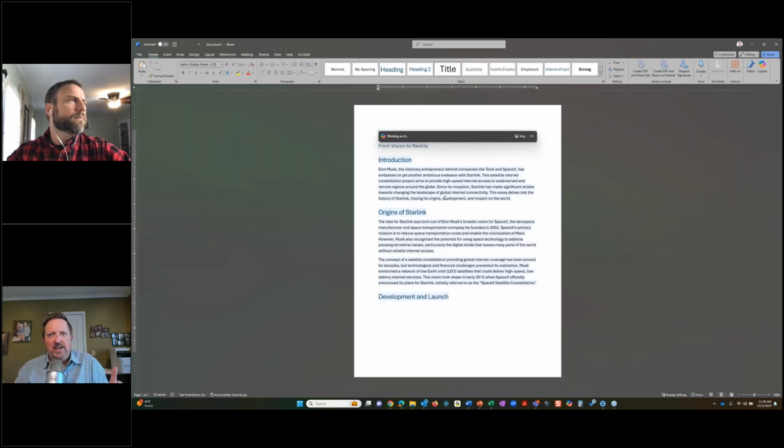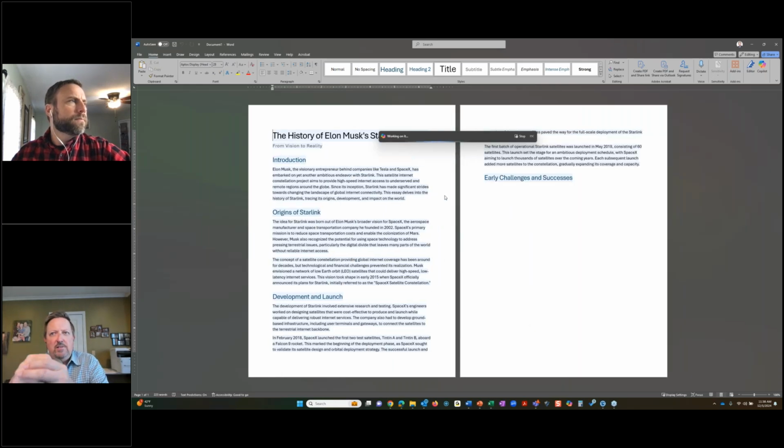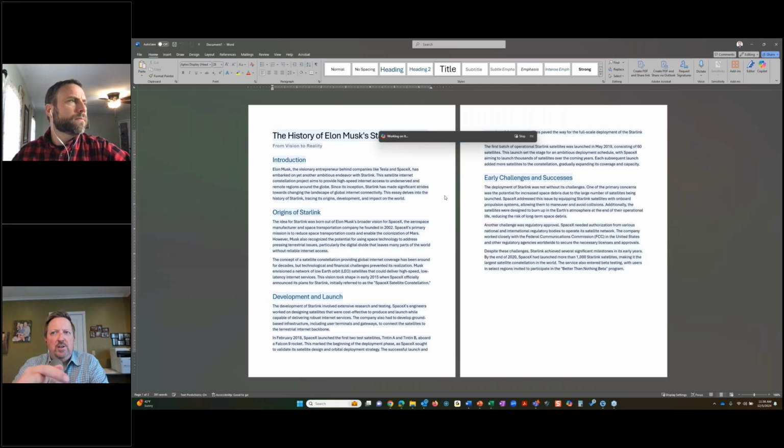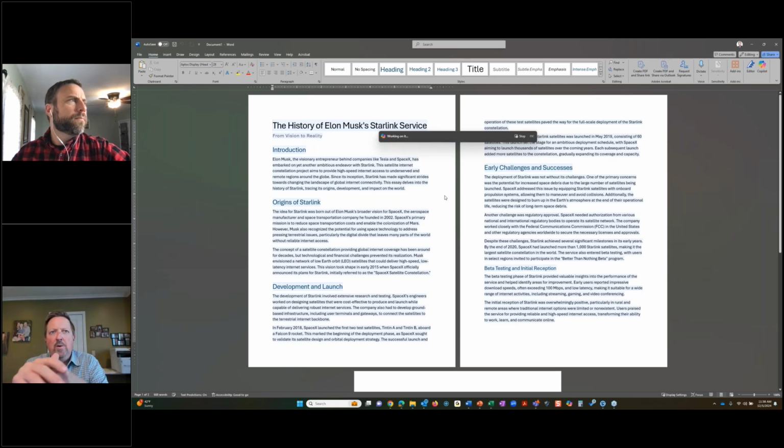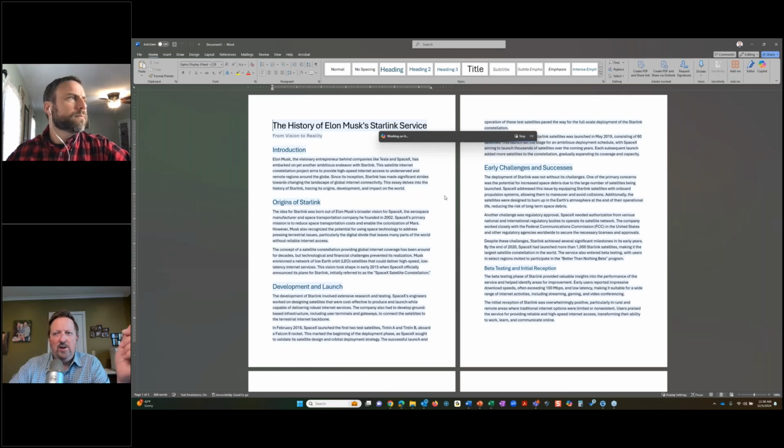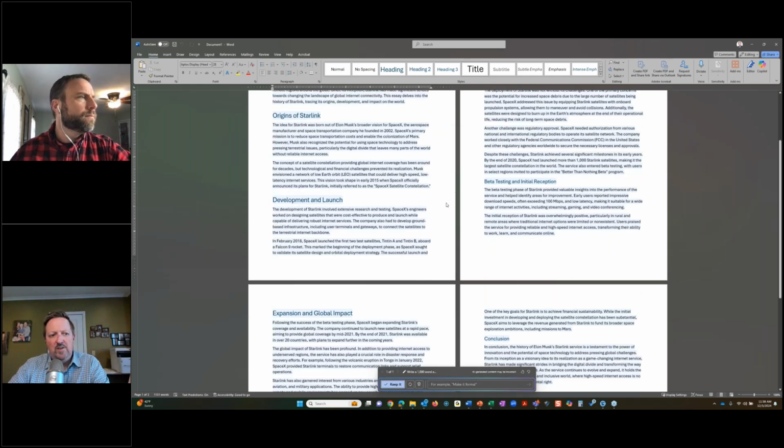And what you're going to see is that Copilot is leveraging the ChatGPT engine, going out and synthesizing all of this information and producing a really well-crafted memo on a topic. So if you want to understand the history of Elon Musk's Starlink service, here you are, you get a nice narrative 1,000-word essay. It ended up being 1,131 words.